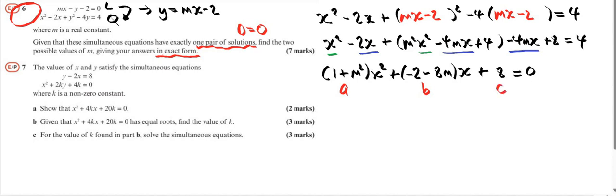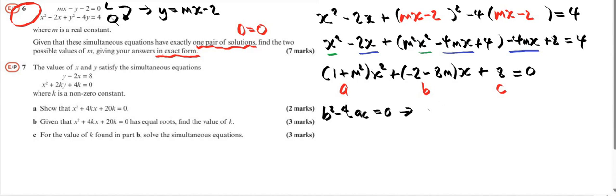Right, so now we can use this fact that our simultaneous equation has exactly one pair of solutions. So that means I'm going to use b squared minus 4ac equals 0.